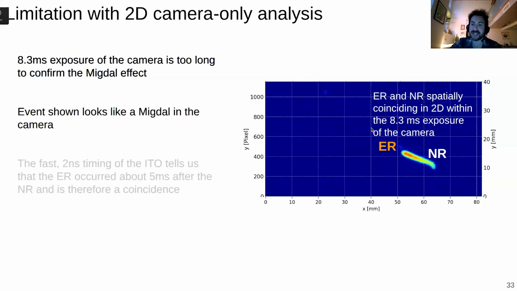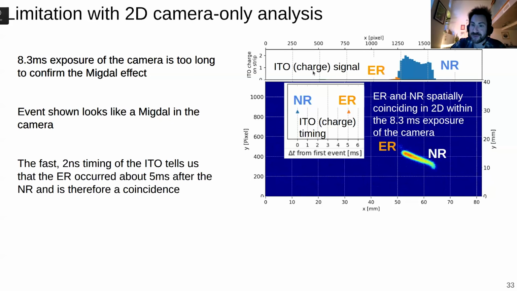This event illustrates it here. This is a real event that we measured. Here's your nuclear recoil, and here's your electron recoil. This is an unprocessed image, which is why the electron recoil looks exceptionally faint. But if you were to look at just the camera, this looks like a perfect Migdal effect event. But then our charge readout has 2 nanosecond timing resolution, and this shows the charge profile of this same electron recoil and this nuclear recoil.